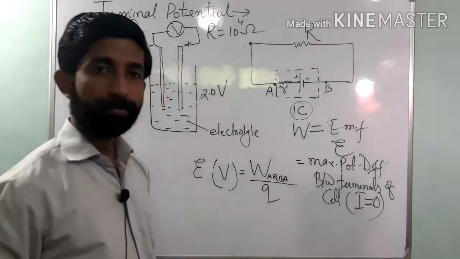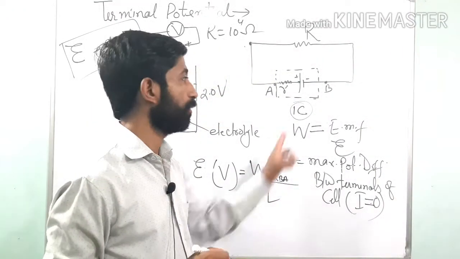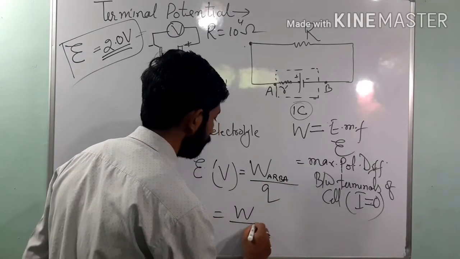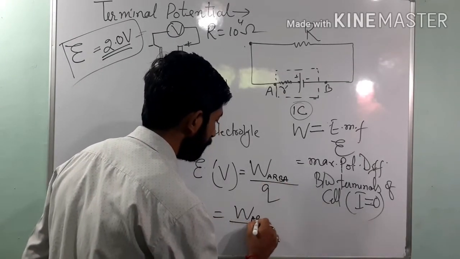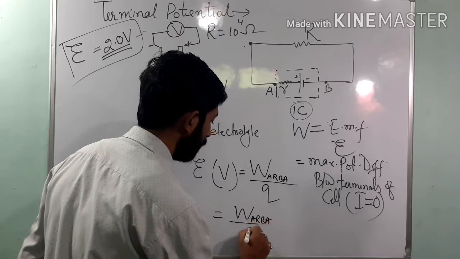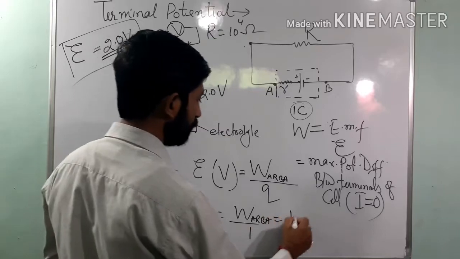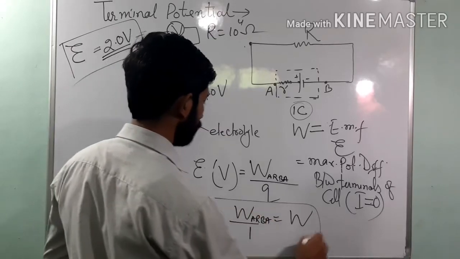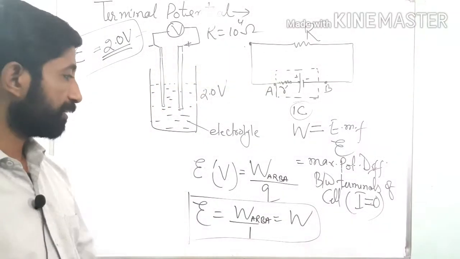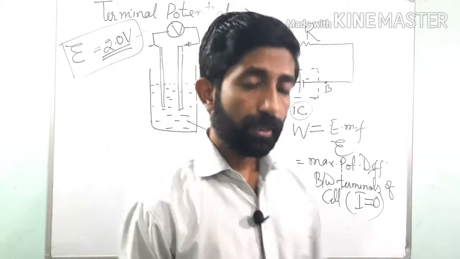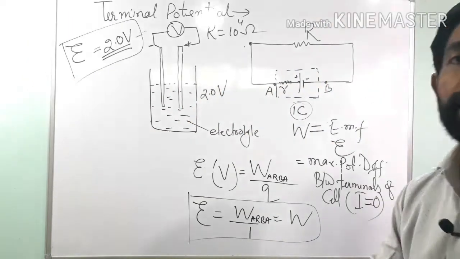The charge, and the charge is 1 coulomb. So, we must write W of ARBA over 1. That's your EMF, and this is simply equal to the work done. So, that completes the idea of the EMF of a cell.